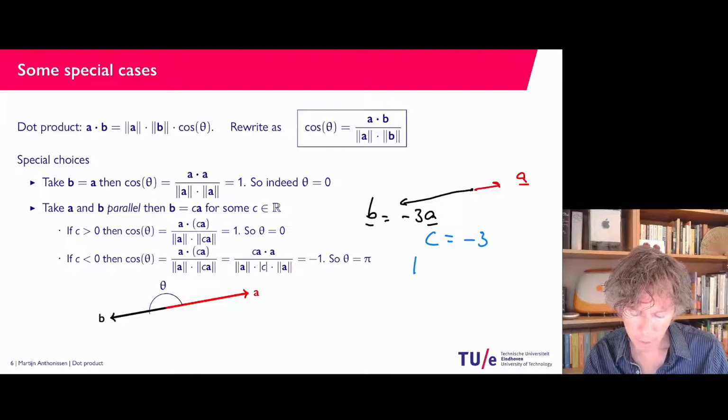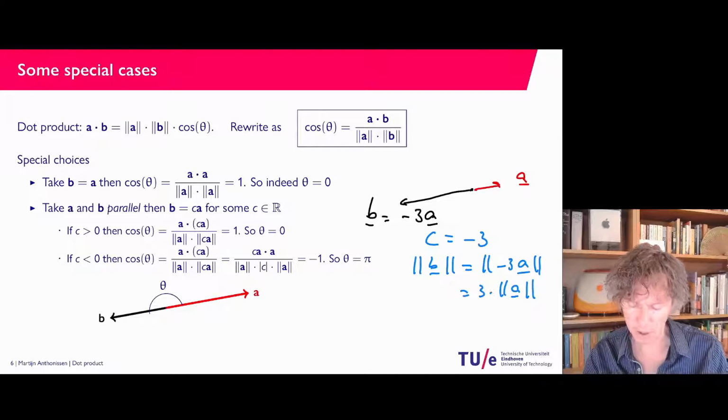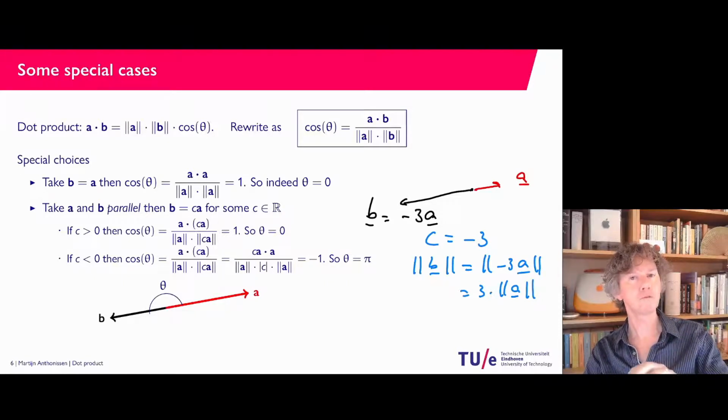We know that the length of B is the length of minus 3 times A, and that is 3 times the length of A. So if you pull the minus 3 out of the length, you should put an absolute value sign there, because lengths are always positive. We don't want negative lengths.